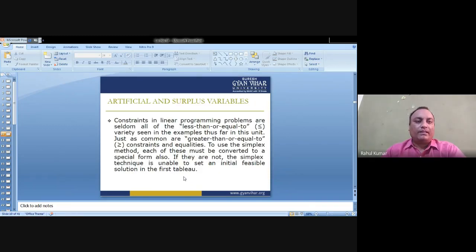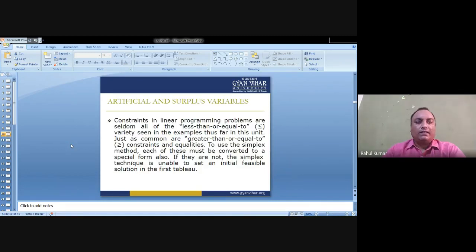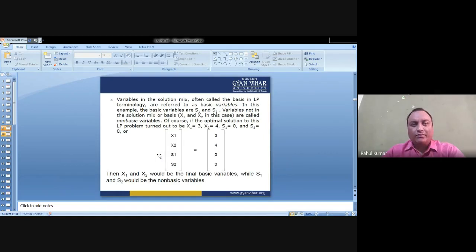And some variables are artificial and surplus variables, right? So this is the solution of the maximization problem. Here x1 equal to 3 and x2 equal to 4.